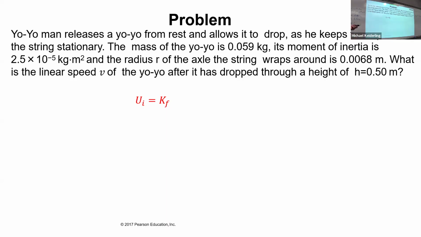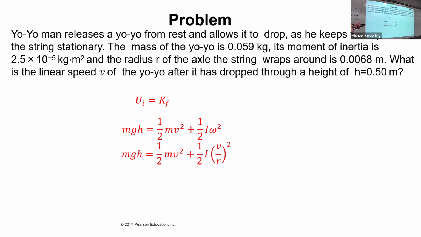So our initial potential energy equals final kinetic energy. So mgh equals 1/2 mv squared plus 1/2 I omega squared. And we can replace omega with v over r.